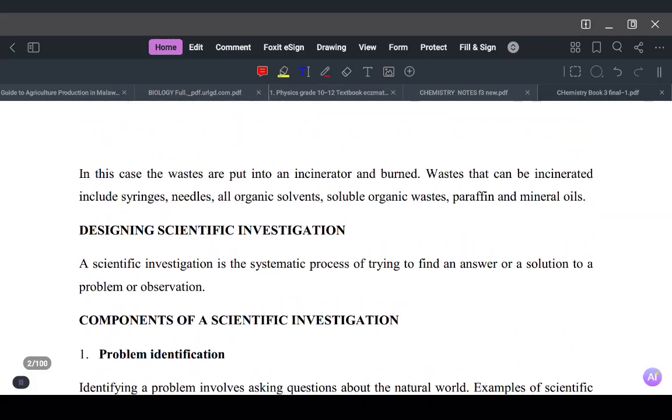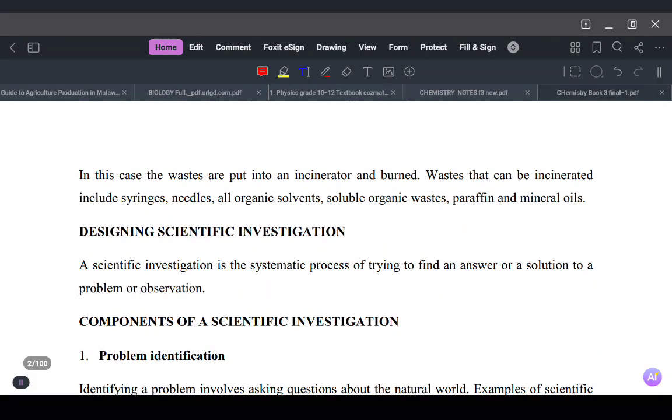In this incineration process, the wastes are put into an incinerator. This is a chamber where the wastes are burnt. The waste that can be incinerated includes syringes, needles, soluble organic solvents, paraffin, mineral oil, and others.